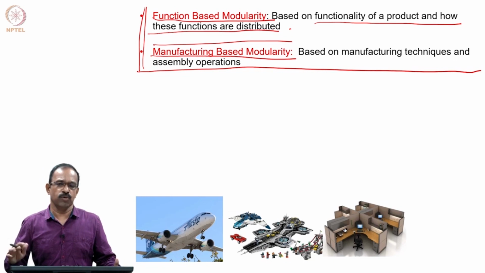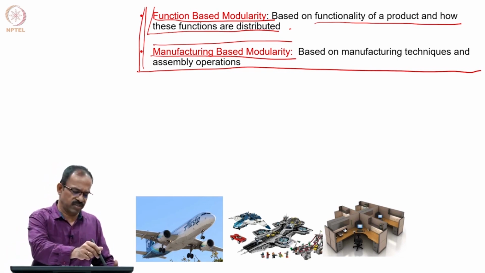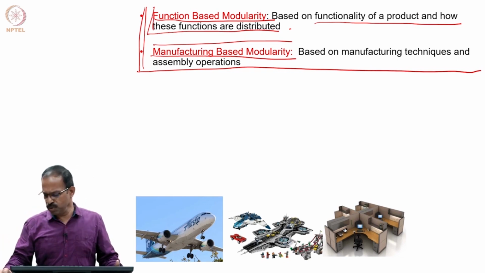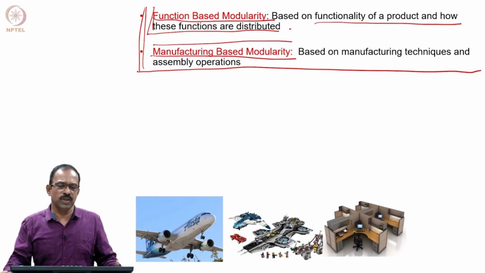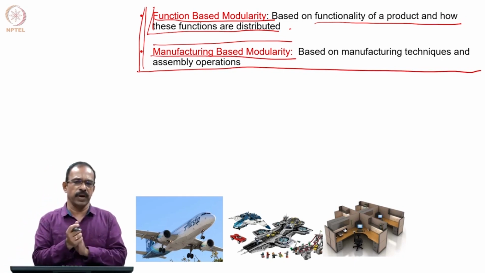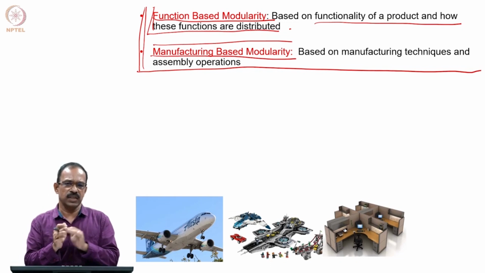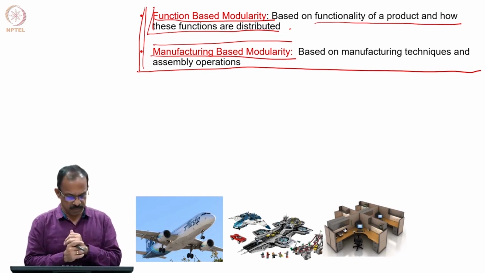Assuming that we are going for a modular architecture, we can think of 4 types of modularities, based mostly on function based modularities. We look at how the modules can be combined together, and based on that we identify the modularity.